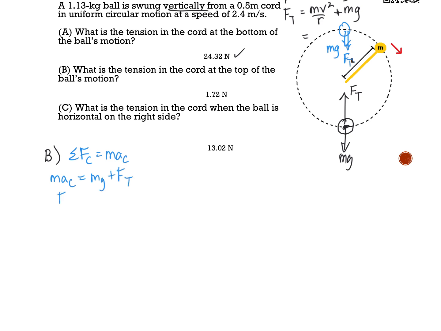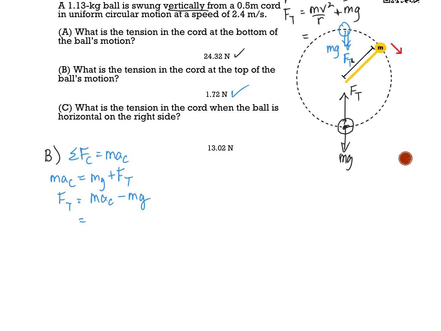So the force of tension, guys, is going to equal m a sub c minus mg. So there's more slack on the cord at the top because gravity's pulling it down. It makes sense if you think about it. You can plug in there as well. You will get 1.72.